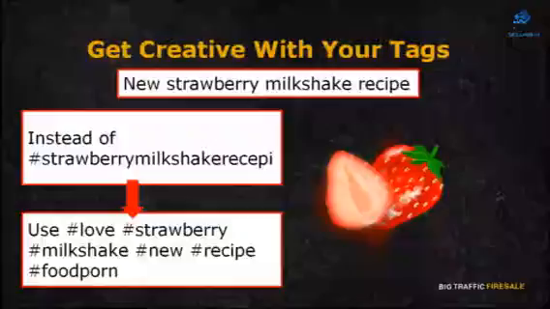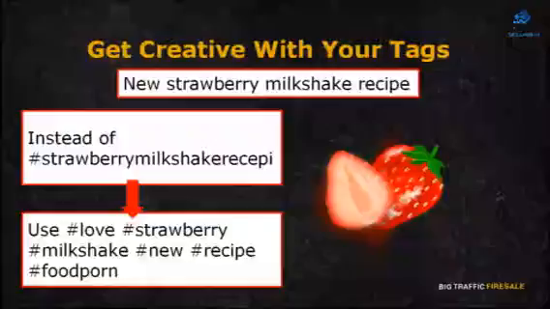So instead of #strawberrymilkshakerecipe typed without spaces, try individual hashtags for each word, like #love, #strawberry, #milkshake, #new, #recipe, #foodporn. That way, your hashtag will span across differing word searches instead of one full sentence.